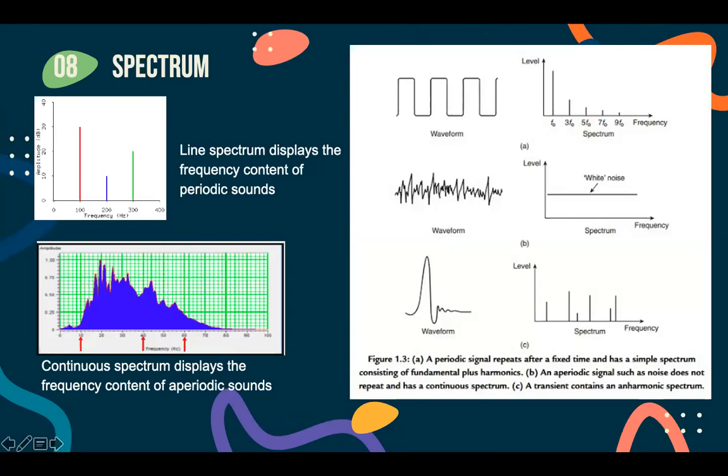So the line spectrum displays the frequency content of periodic sounds, while continuous spectrum displays the frequency content of aperiodic sounds.